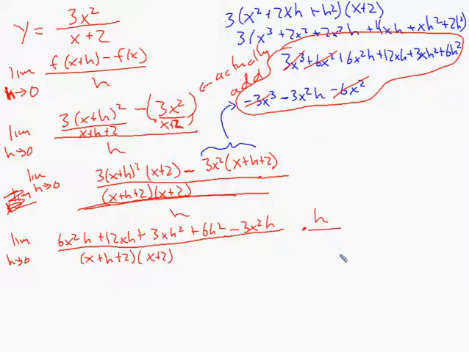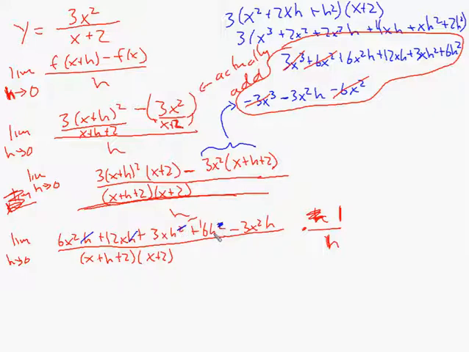And then we have 6x squared plus 12x plus 3xh plus 6h minus 3x squared all over this stuff. And we take the limit as h approaches 0. Okay, so if we put in a 0 at our denominator, we get x squared plus 4x plus 4.